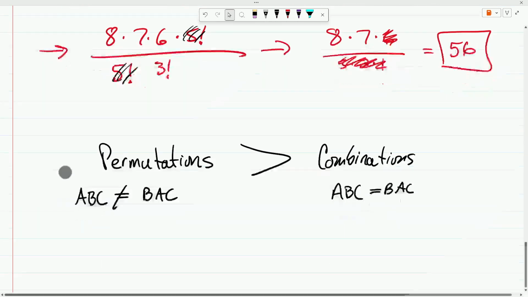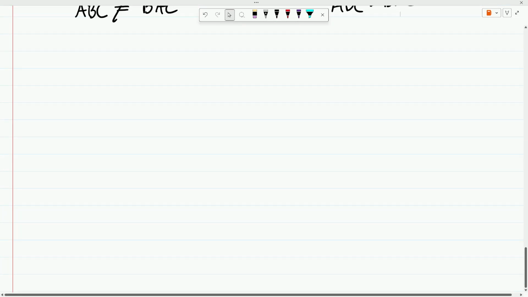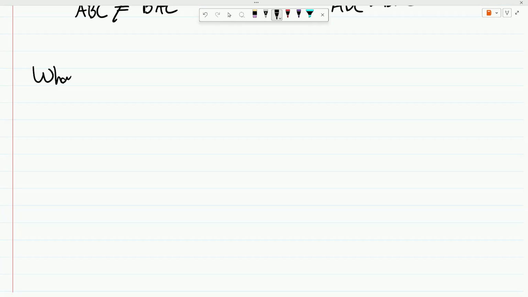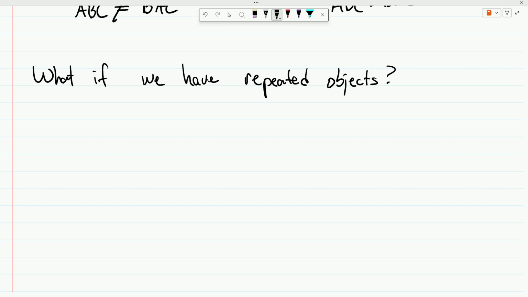So the last thing that I'm going to talk about is what if we have repeated objects? Like, for example, and this is the most boring, you always find this in every single textbook.